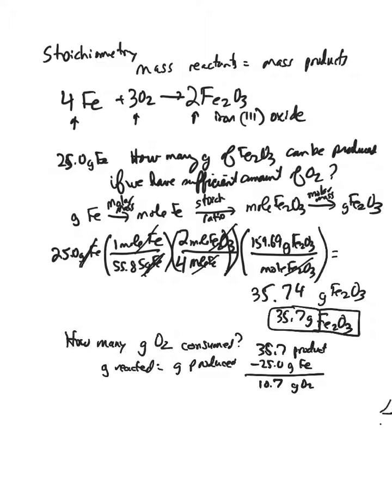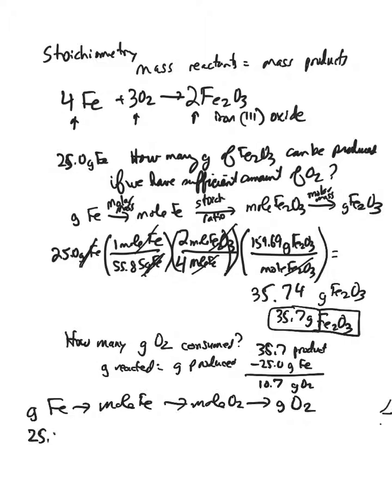Well, let's check that by doing the same method that we did before. Let's take grams of iron, change that to moles of iron, change that to moles of molecular oxygen, and change that to grams of molecular oxygen.